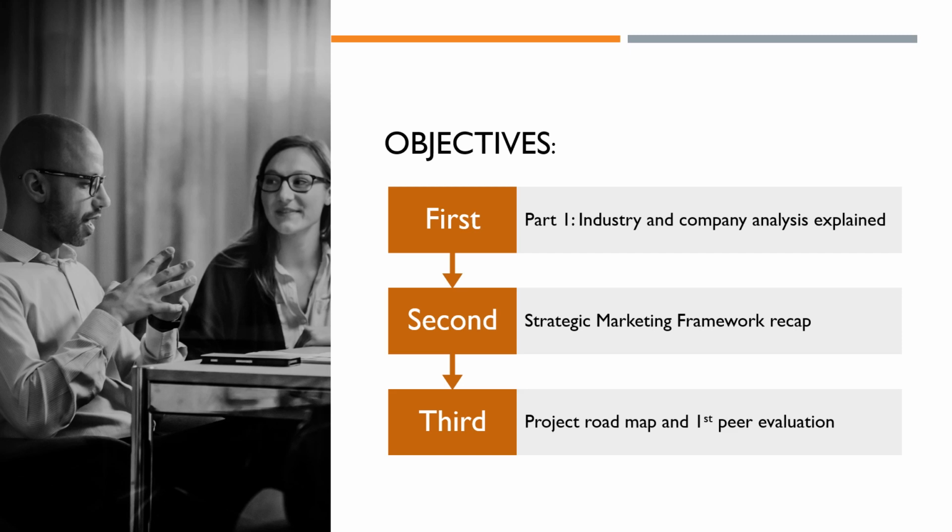Then we'll take a look at the strategic marketing framework and recap that concept that was covered in the introductory lecture. And finally, I will outline a project roadmap, including where the first peer evaluation falls into the group assignment.